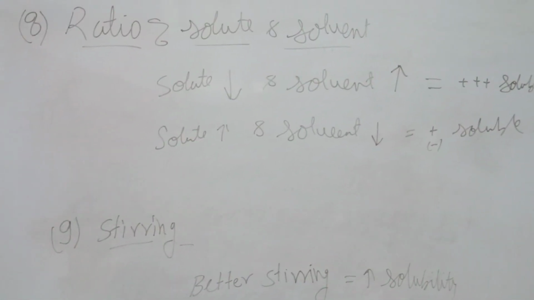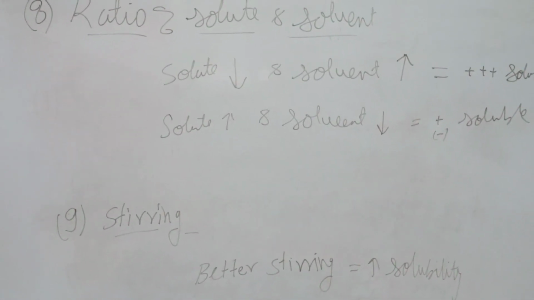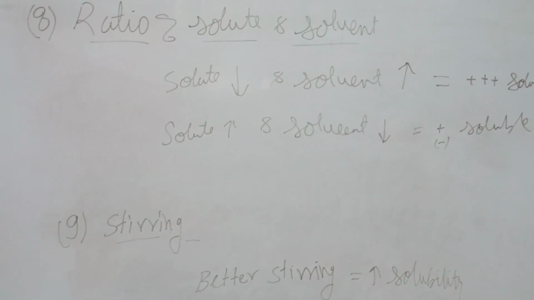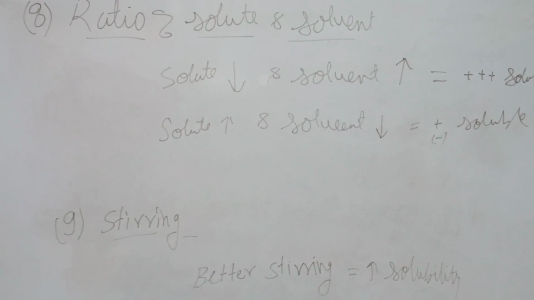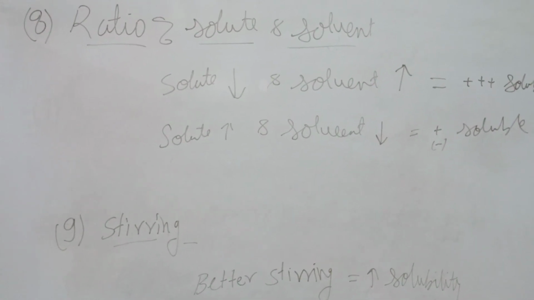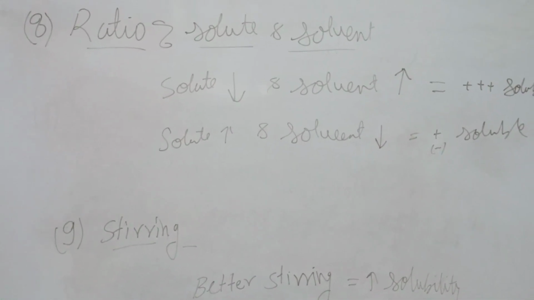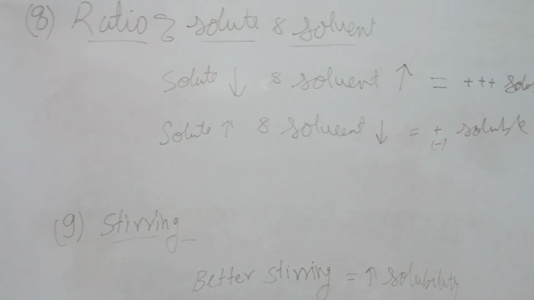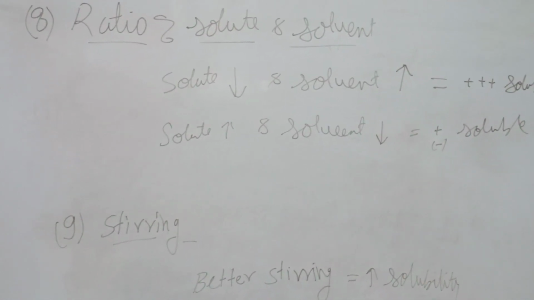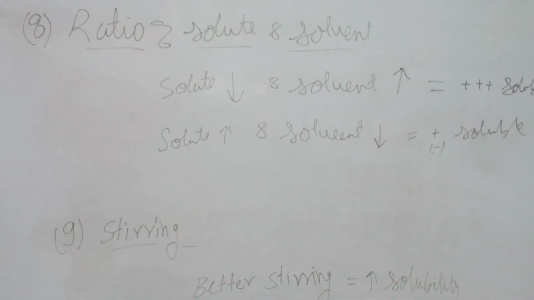It speeds up the distribution of solute in a solvent, and once the solute gets distributed, if there is any saturation around the solute, that saturation boundary gets broken up, and due to this breakup, more and more solid passes into the solution.